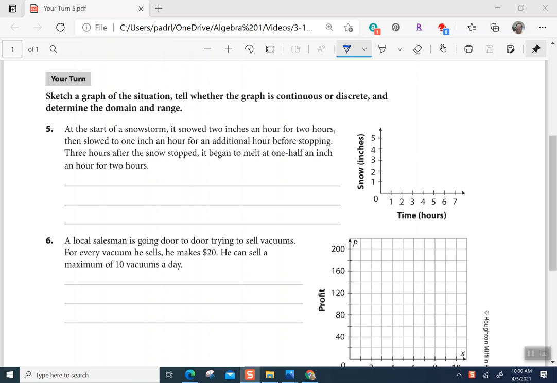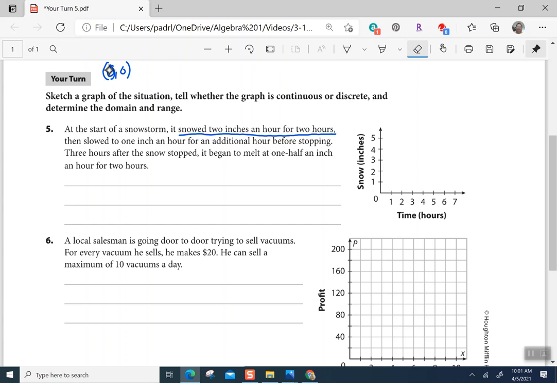All right, here's what I found. I found that it snowed at the start. It snowed 2 inches an hour for 2 hours. That means when we started off with no snow on the ground, so that would be a 0, 0. It's an ugly 0.